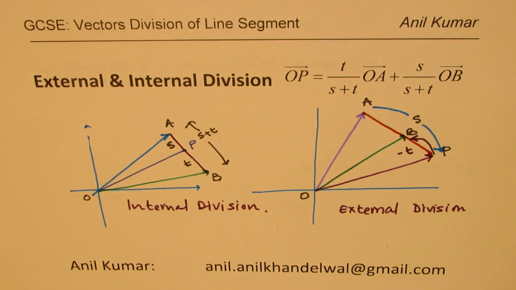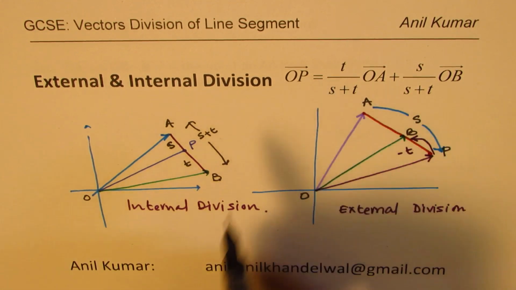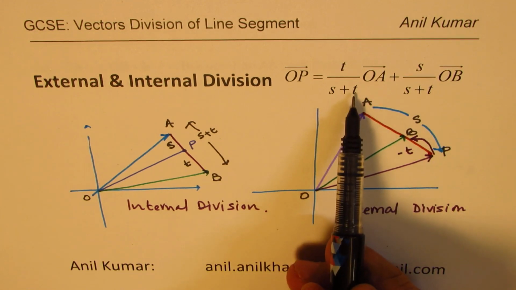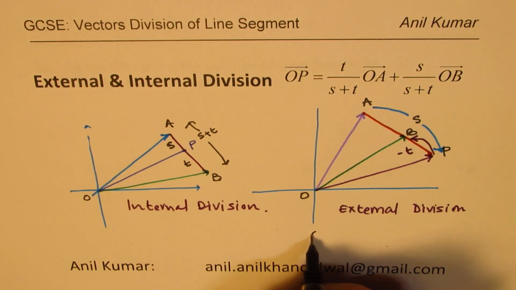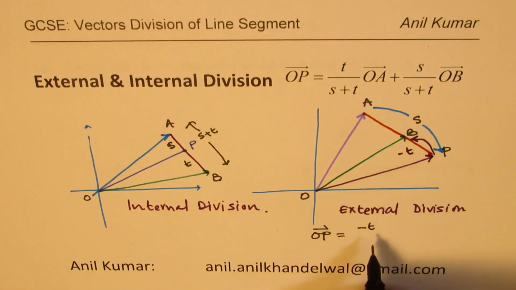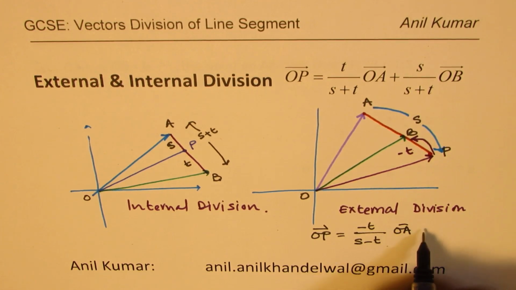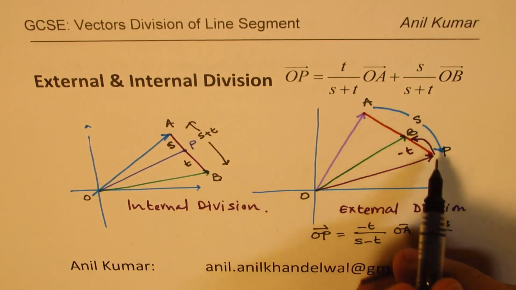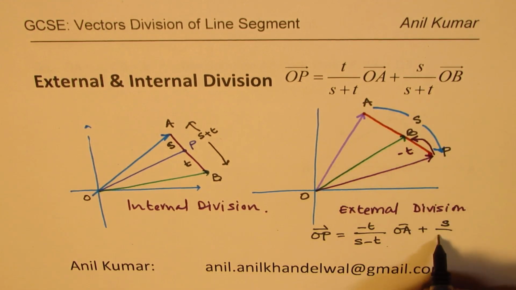The formula here remains the same. However, what you will notice is that if I replace T by minus T for external division, it will be like this. This will be a negative term since I replace T with minus T, and we have S minus T here, vector OA, plus S over S minus T of vector OB, where S is positive and the other direction we are taking as negative.